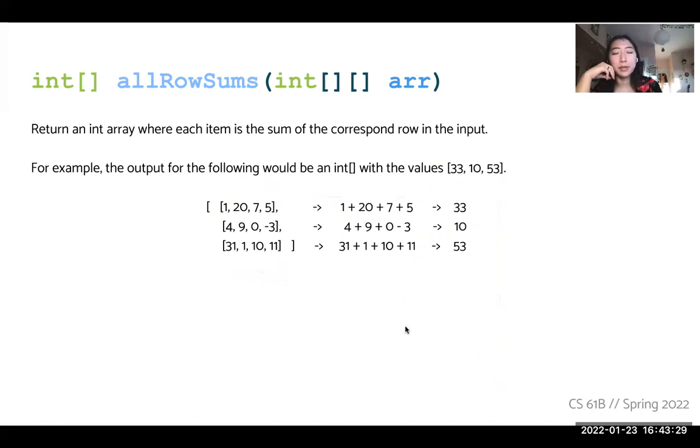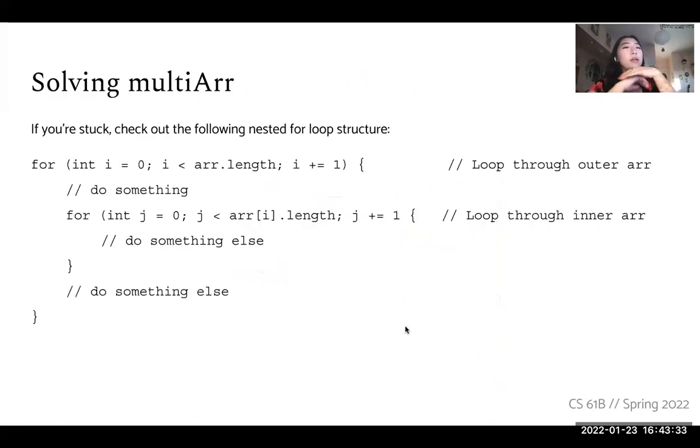On the next slide, I'll show some hints, but I recommend attempting it first. So if you are really stuck, check out this nested for loop structure. You can just read it yourself. I will just give you a hint that doing something like this, although with the parentheses correctly there, right, is probably going to be a part of your solution.